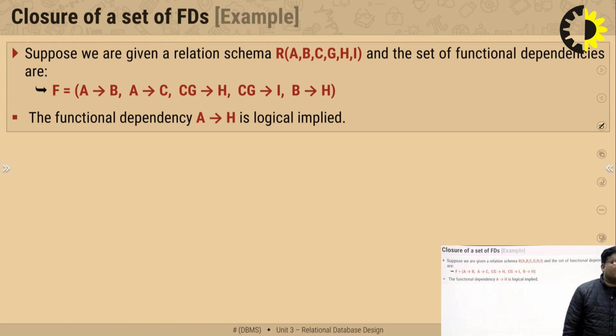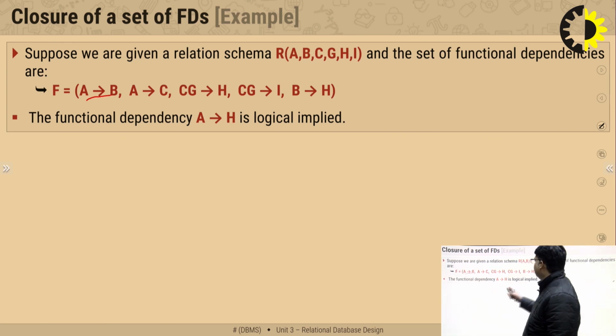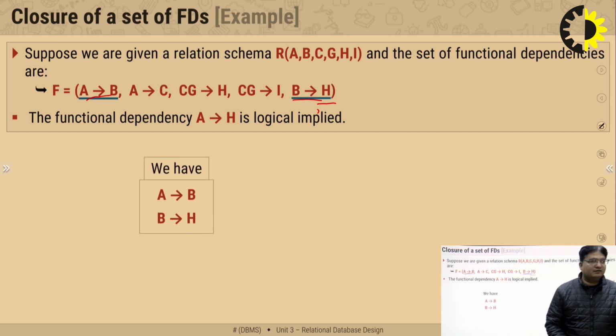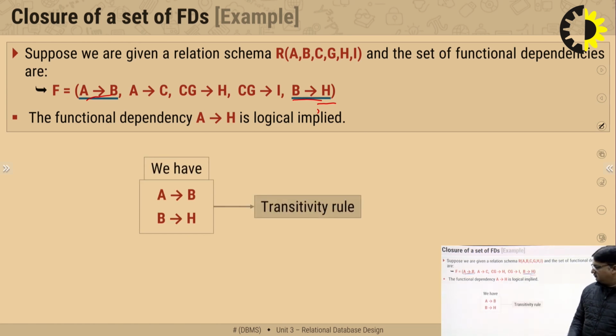First, A determines B and B determines H. Now using the transitive rule, we can say that A determines H. That is one. Clear?